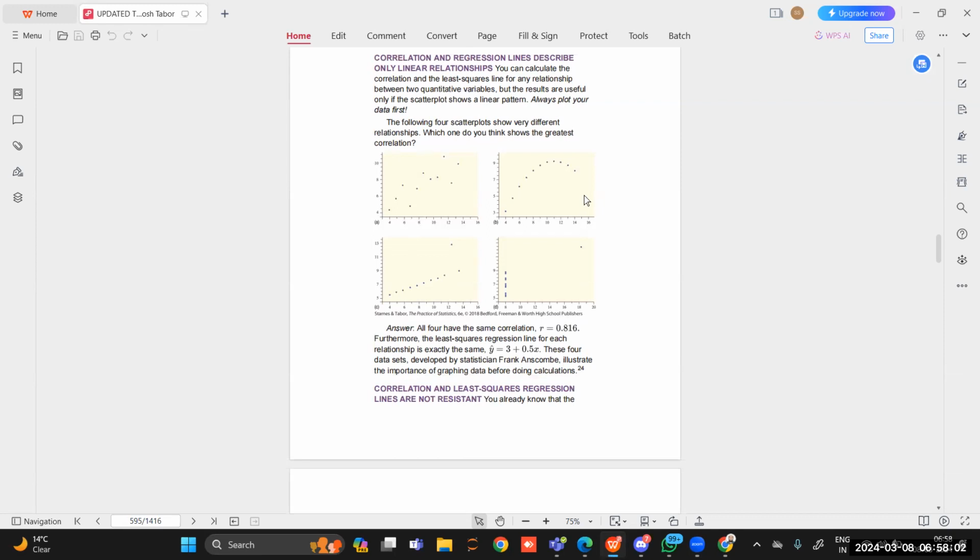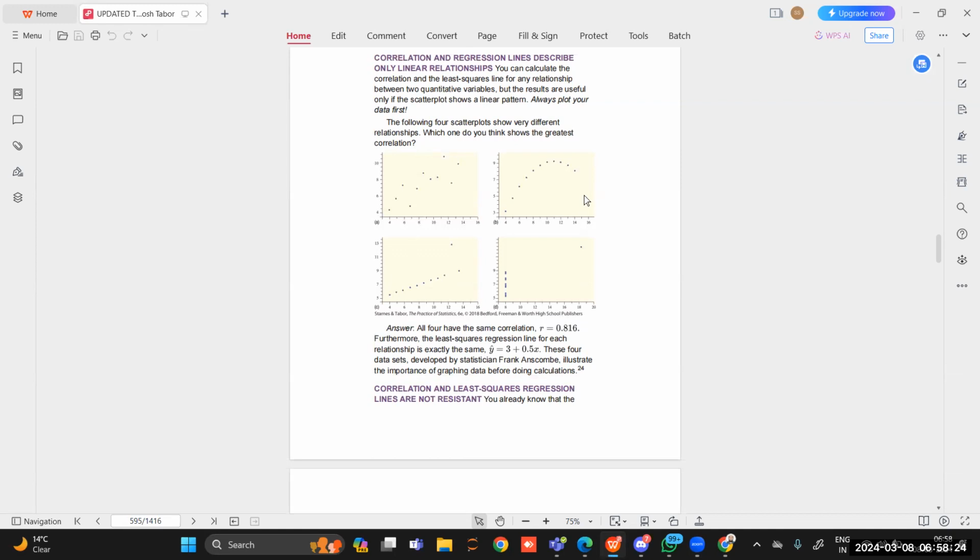The one with the greatest correlation, you say, is the first one. Yes, but when we calculate the correlation, all four have the same correlation. Generally, it's not easy to just look at the figure; it's not your mistake.